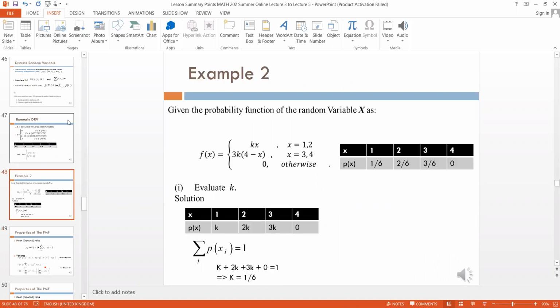Sometimes in questions, you could also be asked to find the cumulative distribution. So, for example, the probability that x is less than or equal to 3.